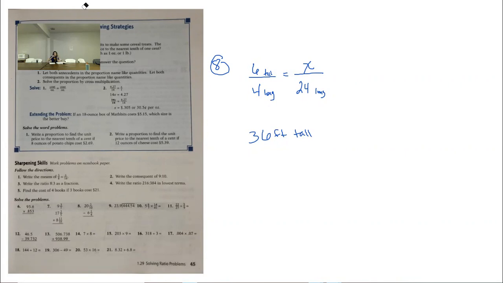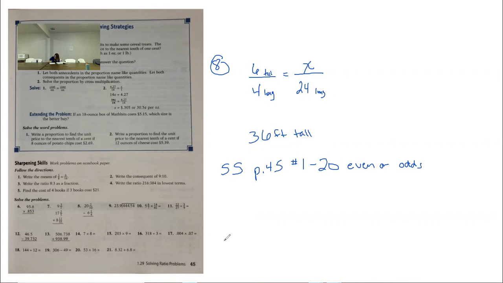So I guess I'll make it 1 through 20. That way, if you have odds, you're not feeling like you have to do the extra one. So we'll say the homework is sharpening skills, page 45, number 1 through 20, evens or odds.